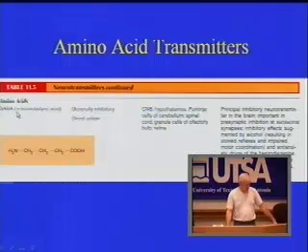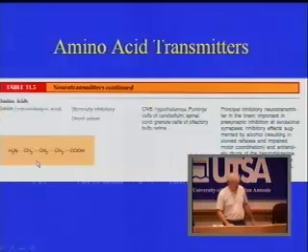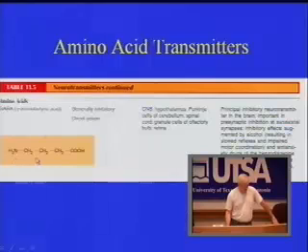So the first of the type of amino acid transmitters that we consider is gamma aminobutyric acid, or GABA. I like this because it shows you the structure of these. You should be able to recognize these, so maybe drawing them every now and then as it comes time to take the test would be a good idea so that you can remember.